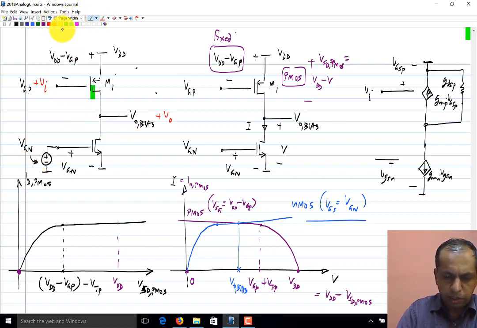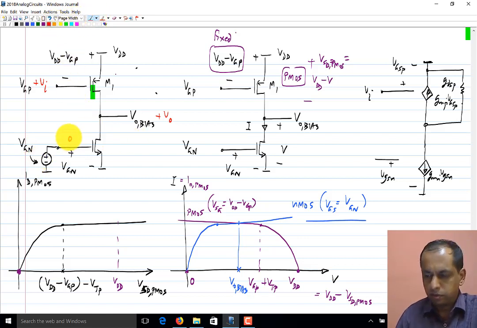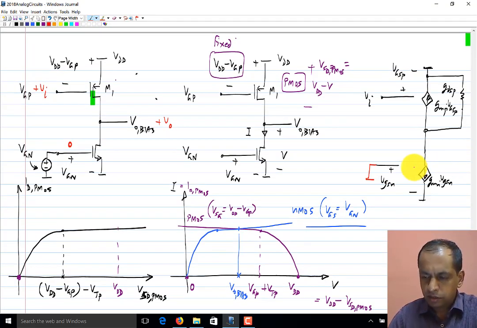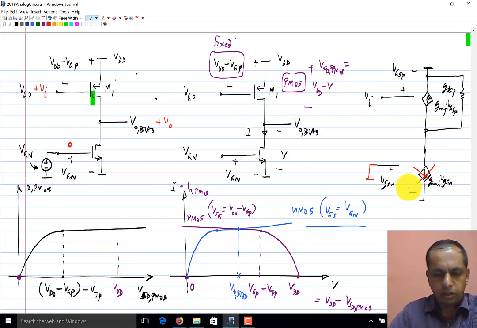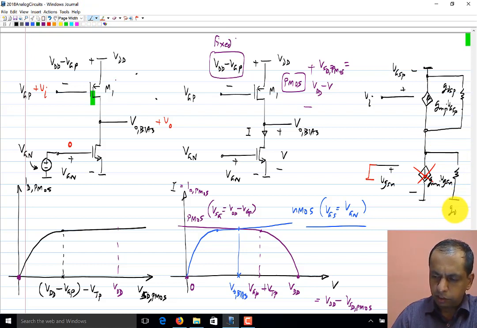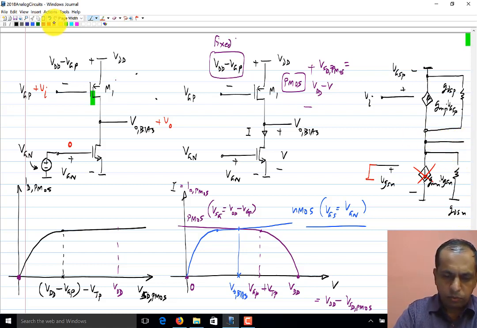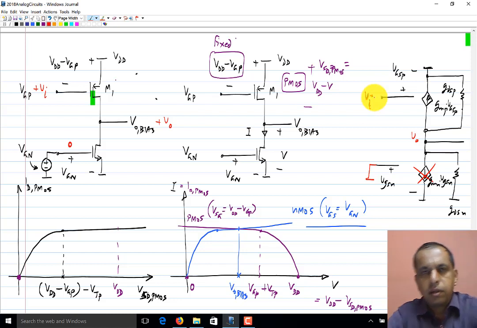So the incremental voltage here is 0. Okay, so this is really incrementally grounded. So this current source is not in the picture at all, and all we have is the incremental output conductance of the NMOS transistor. Okay, and this voltage here is the incremental output voltage.